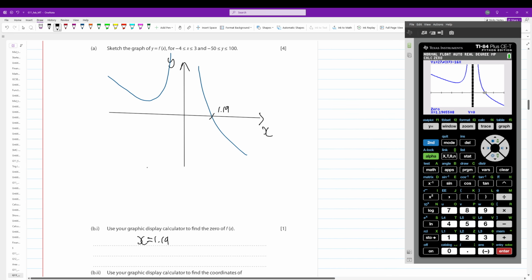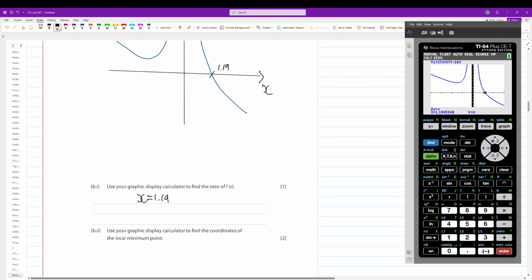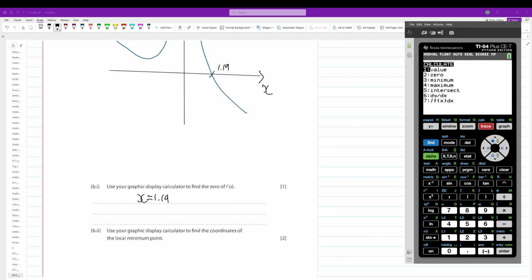Use your graphic display calculator to find the coordinates of the local minimum. Easy. Second, calc, minimum. Now you need to use your eyes to see the local minimum is here. Right around here. Don't know exactly where, but it's somewhere around here. So I'm going to put a value on the left side of it and a value on the right side of it and ask it to solve it.